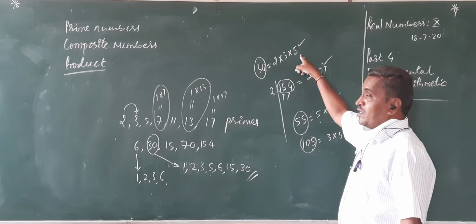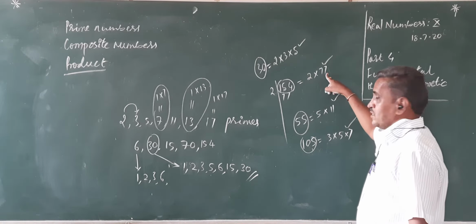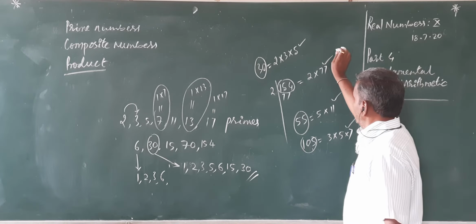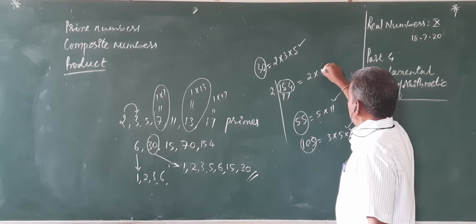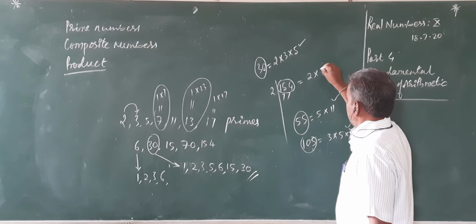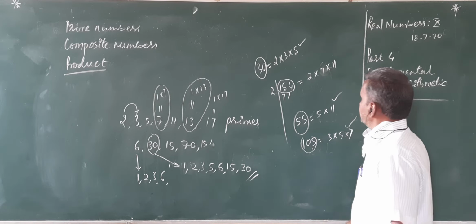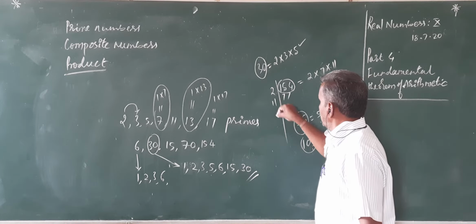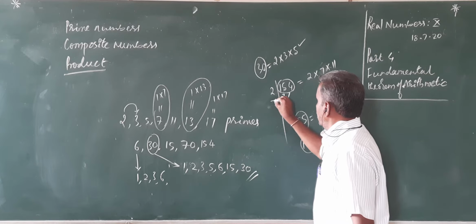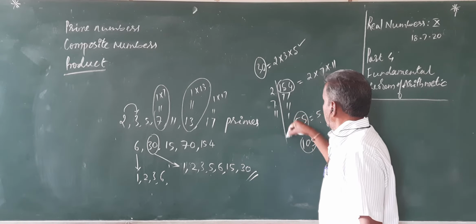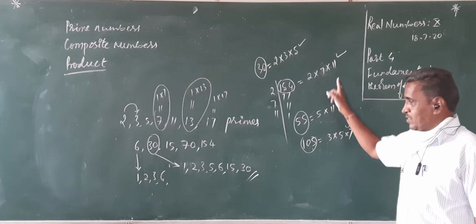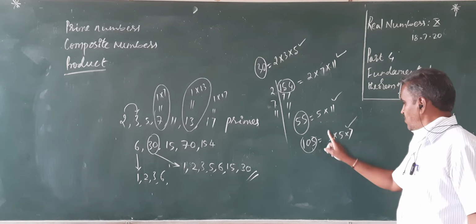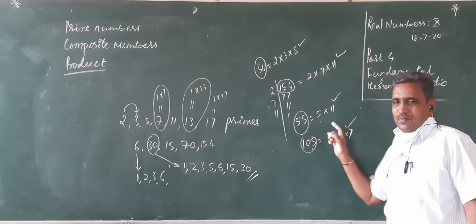See now, 2, 3, 5 are prime numbers, 2 and 7 are prime numbers. Here also 2 into 11 into 7. 2, 7, 11 are prime numbers. 5 and 11 are prime numbers. 3, 5, 7 are prime numbers.